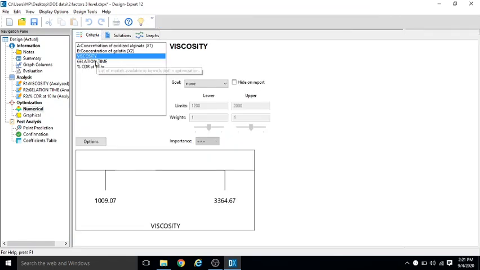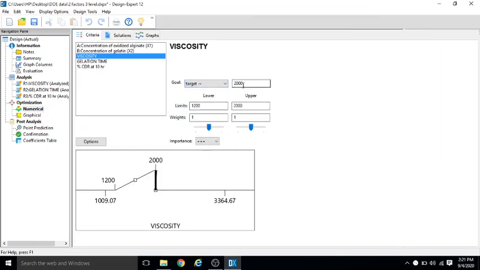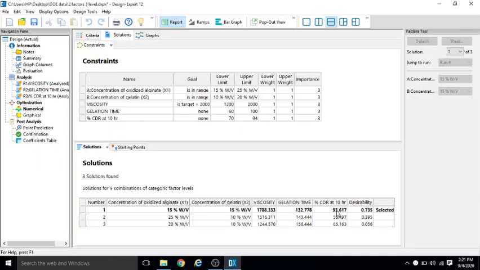And if we select only one, that is a target of 2000, right? We are not altering the other two responses, that is gelation time and percentage CDR, but we want something which is having 2000 CPS viscosity. So here you are getting desirability of 0.735, right?